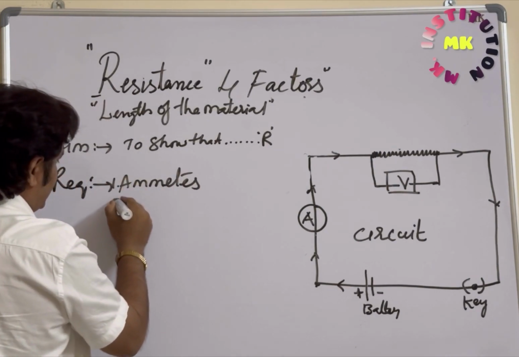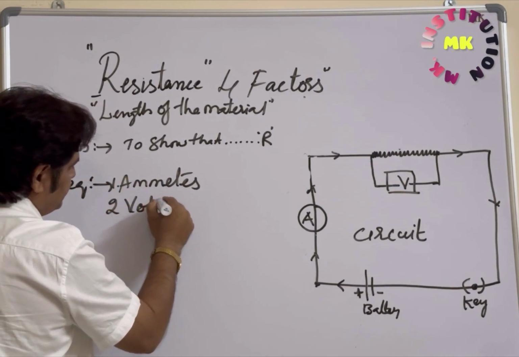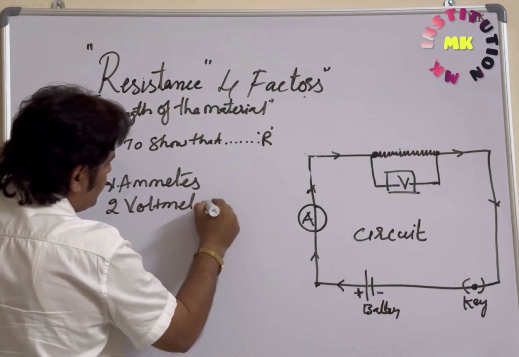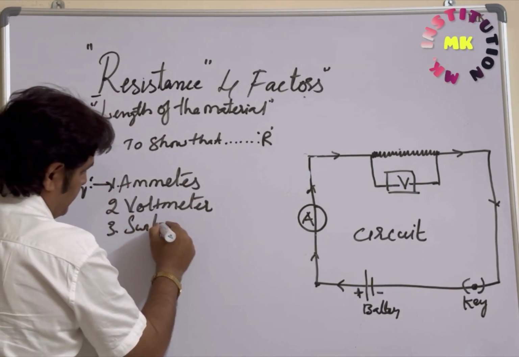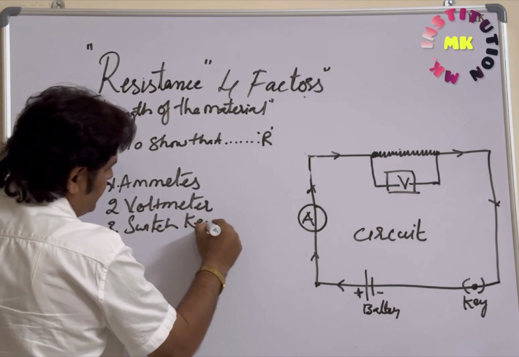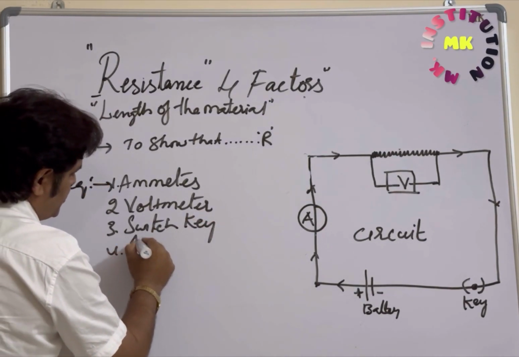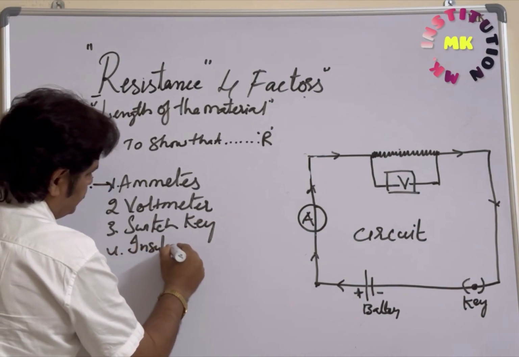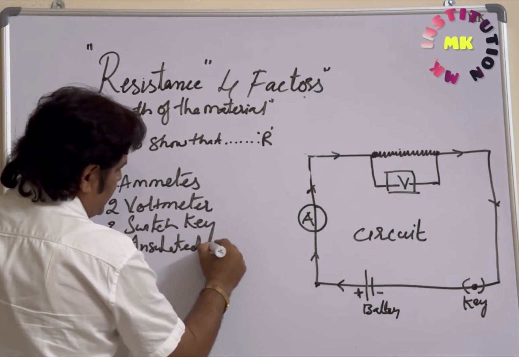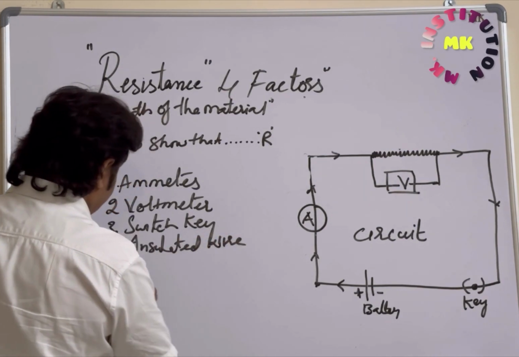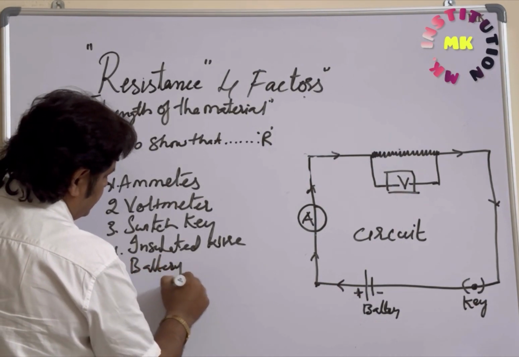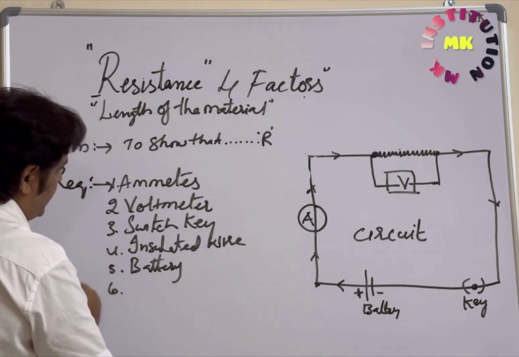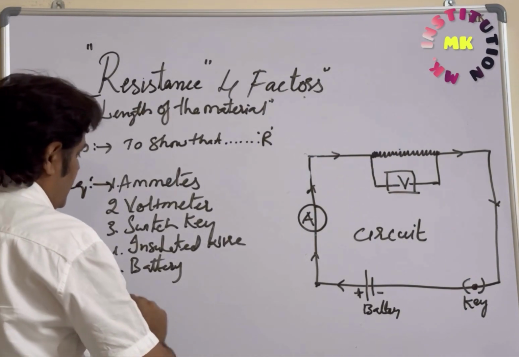The first one is ammeter. Second is voltmeter. Third is switch key. Fourth is insulated wire. Then battery. Then here we are taking the copper wire.